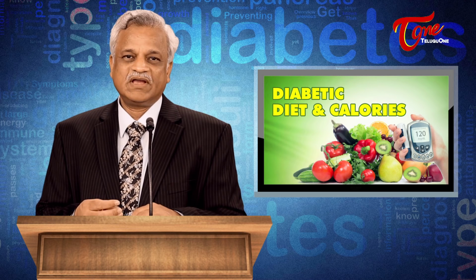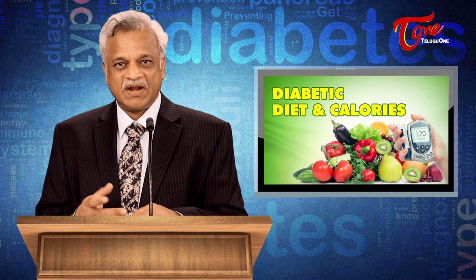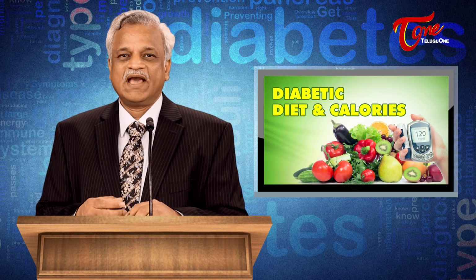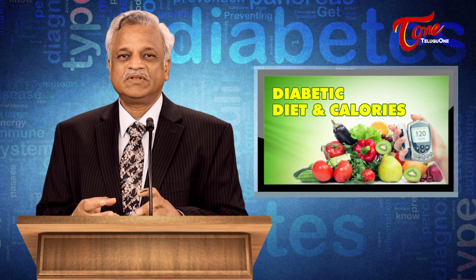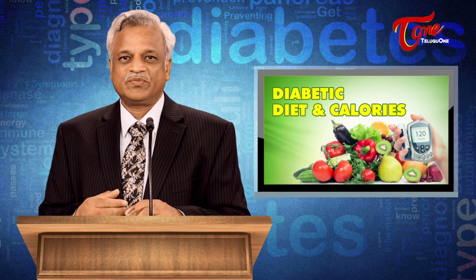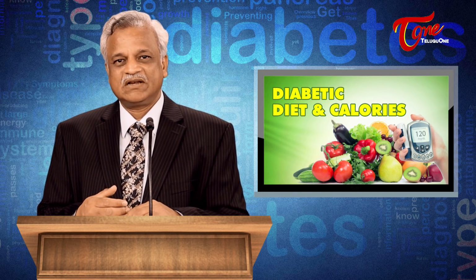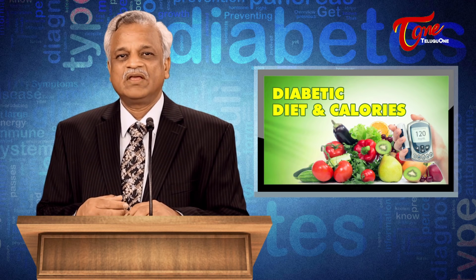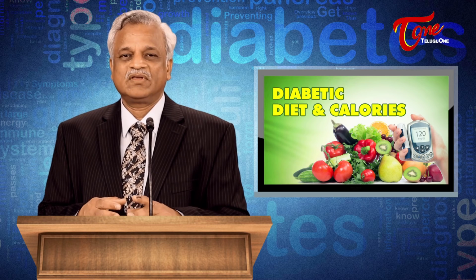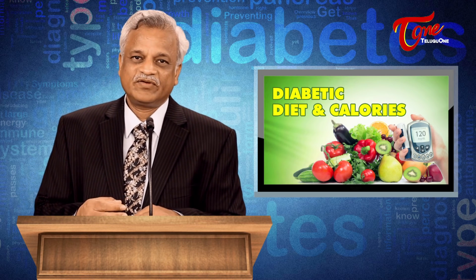If you are having calories from sugar or banana or any fruit which has more sugar, the calories you get from these are burned quickly. Your body burns away those calories which come from sugar, whereas the body tries to preserve or store the calories derived from fat.